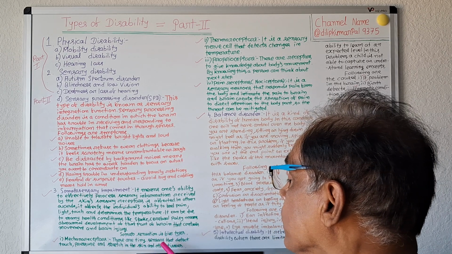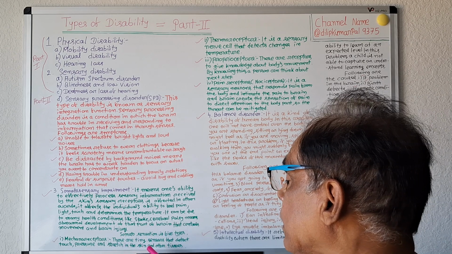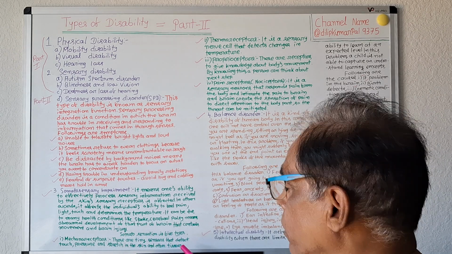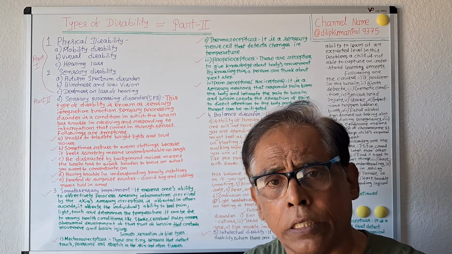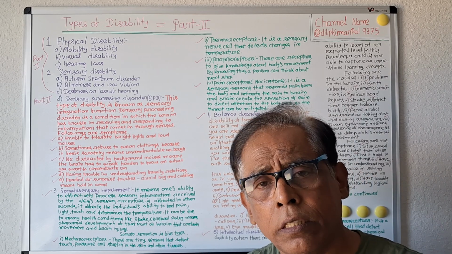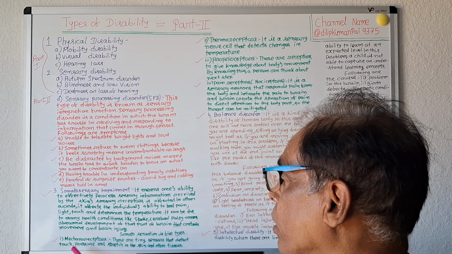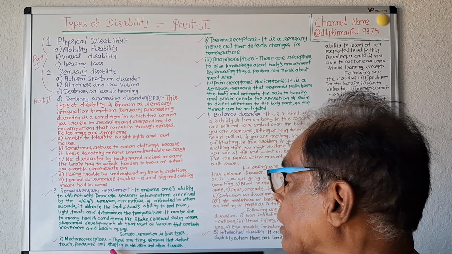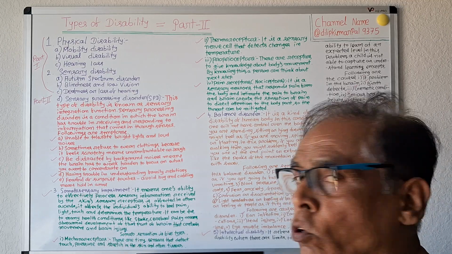These are teeny sensors that detect touch, pressure, and stretch in the skin and other tissues. There are some sense receptors in the skin that detect touch, pressure, and stretch. This is the function of mechanoreceptors.